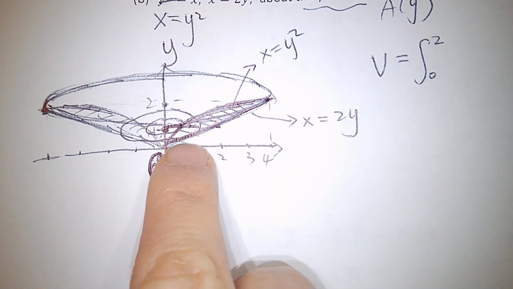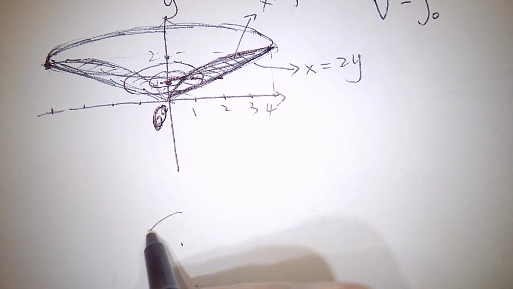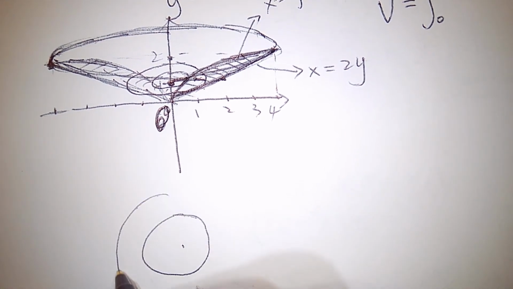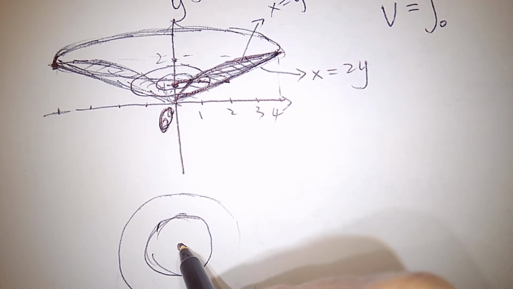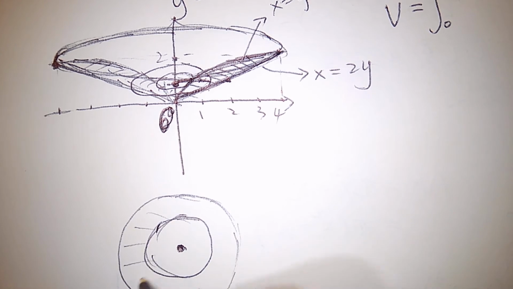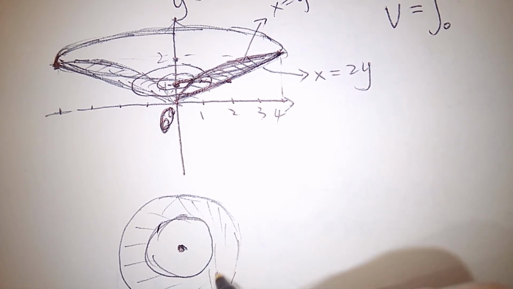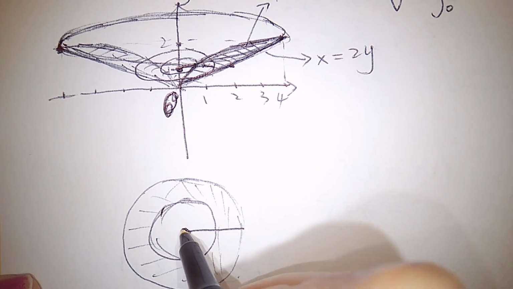Every time I draw the picture, it doesn't look very good. This is our two circles, and here is the center. Our cross-section is a washer. So we need to find the outer radius and the inner radius.